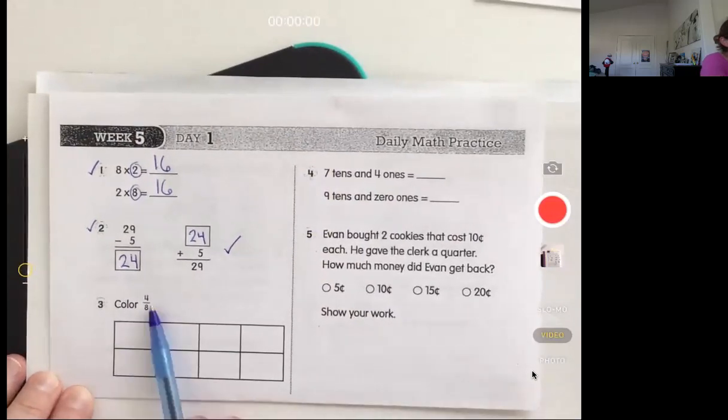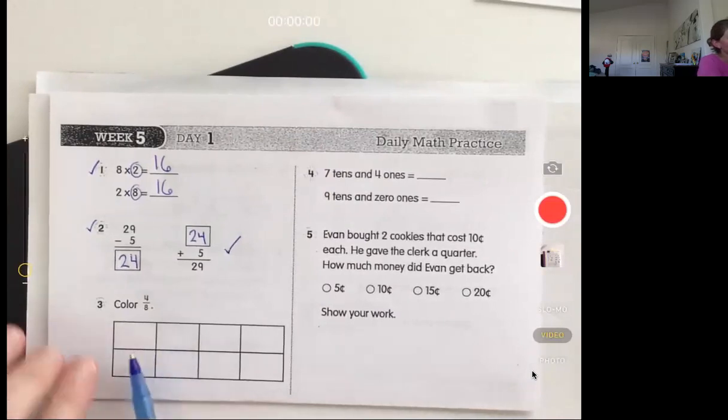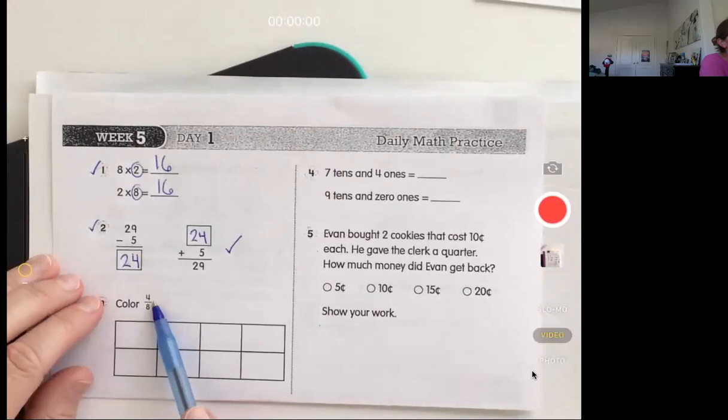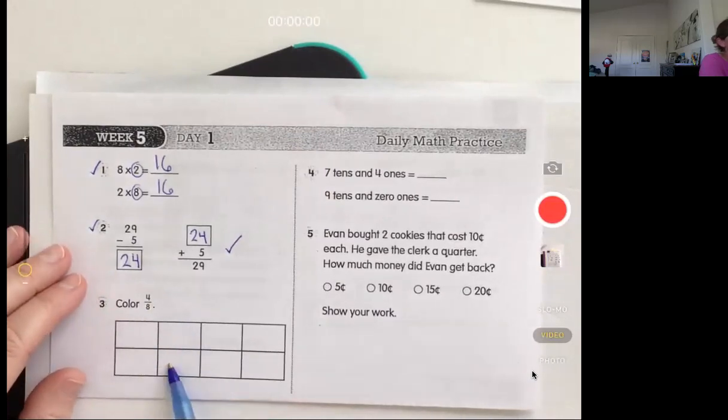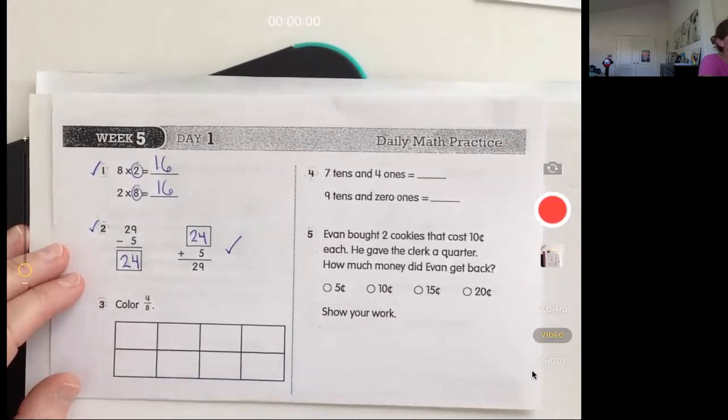Fractions. We haven't seen many of these yet, but let's give it a go. It asks us to color 4/8. When we see a fraction, another way to think of this is 4 out of 8 pieces. This is kind of like a chocolate bar that's been cut into 8 little rectangular bites, right? 8 rectangular pieces.